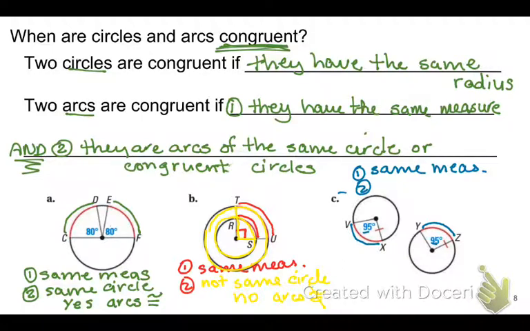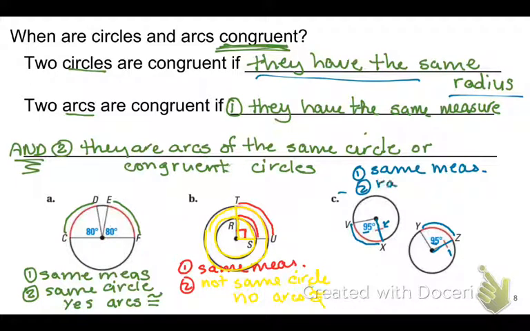Well, how do we know if a circle is congruent? A circle is congruent if they have the same radius. So look here. This radius is marked with this sign, and this radius is marked with the same sign.